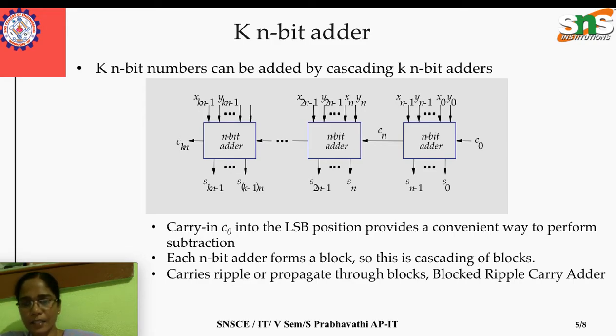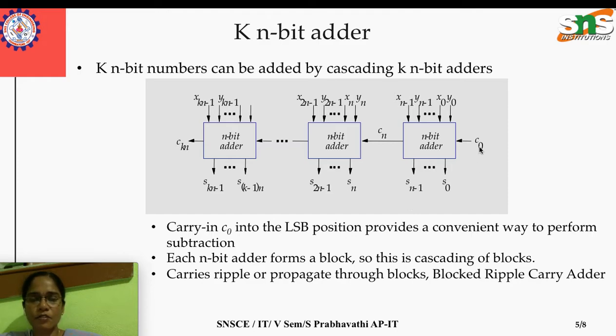One more thing: the carry in C0 at the LSB provides a convenient way to perform subtraction. Here one point is given, please make a note. The C0 at the LSB provides a convenient way to perform subtraction. So this entire circuit arrangement will do both addition and subtraction.